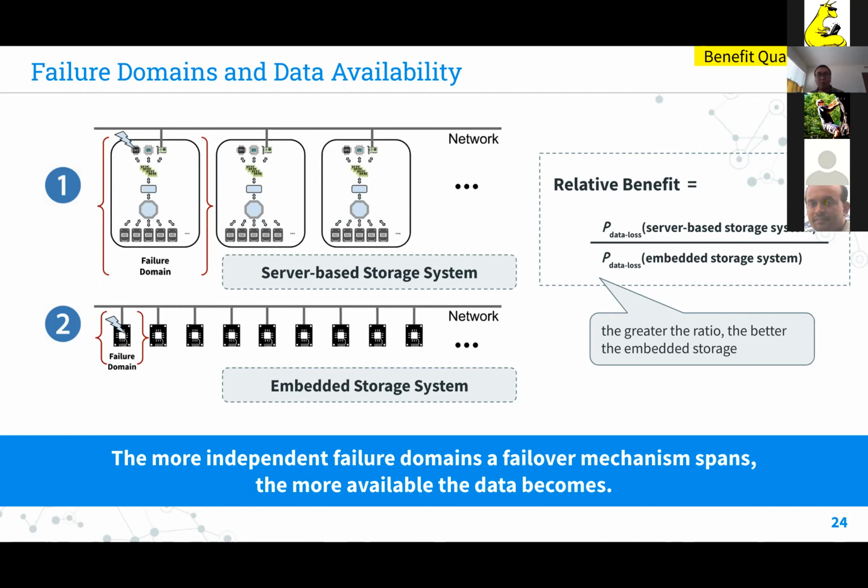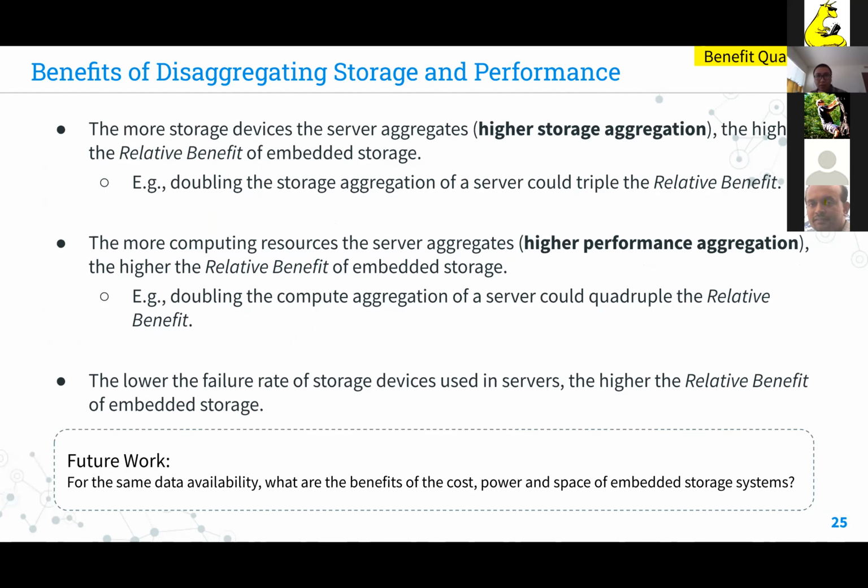Here, just remember that the greater the ratio, the better the embedded storage. For the precise mathematical model that we use in our evaluation, you can refer to the site that we have in the previous slide. But in this presentation, I just want to show what we found from our evaluation.